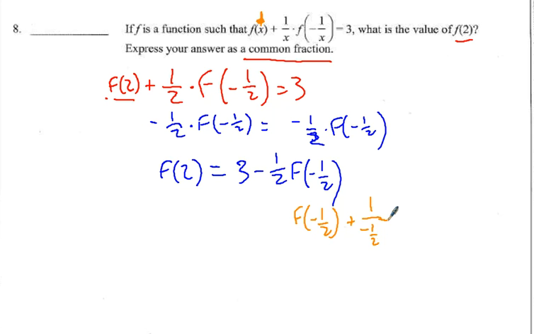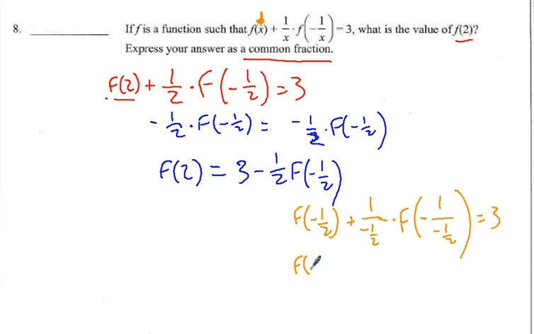Oh, I love having complex fractions. Times f of negative 1 over negative 1/2. And we know that this whole thing is equal to 3. Alright, great. So let's simplify this out a little bit.